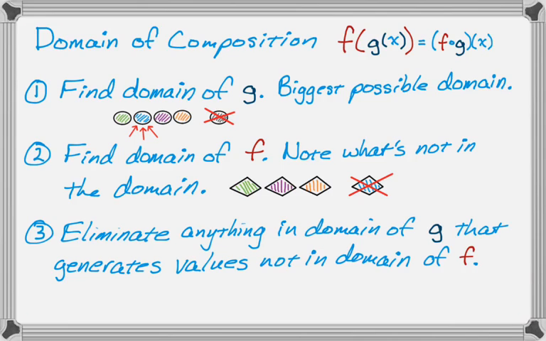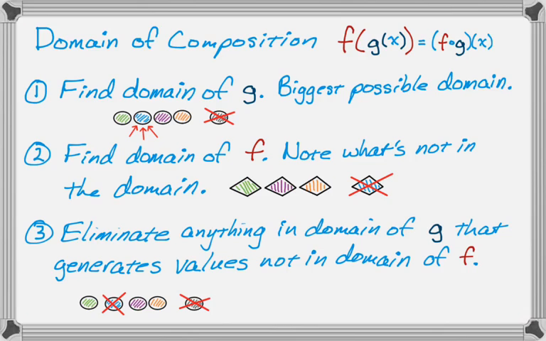So what created it? Well, that blue circle thing there. So our final ultimate domain that we ended up with for the whole composition was just the green, just the purple, and just the orange. So we lost blue kind of in the final step. We lost gray right away because it wasn't in the domain of f. So that's how it works.